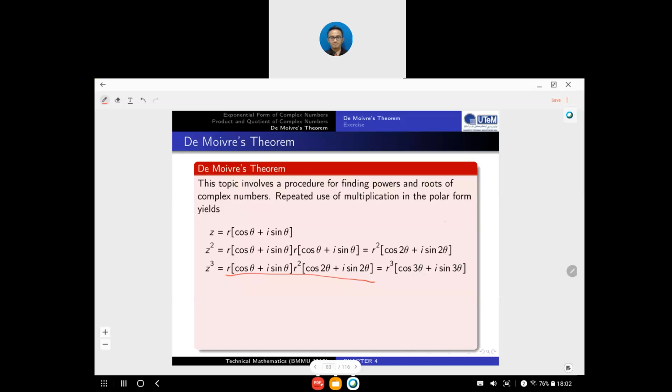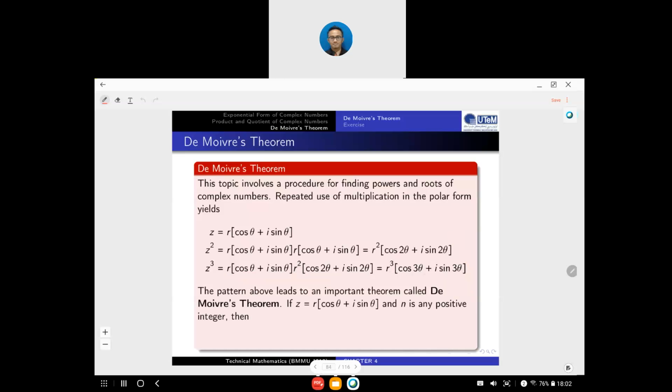By looking at this procedure, we can simplify to De Moivre's theorem, which is z to the power of n equals r to the power of n times (cos n theta plus i sin n theta). That is De Moivre's Theorem. It means when you have a power, r to the power of n, and then the angle must be multiplied by the value of n.